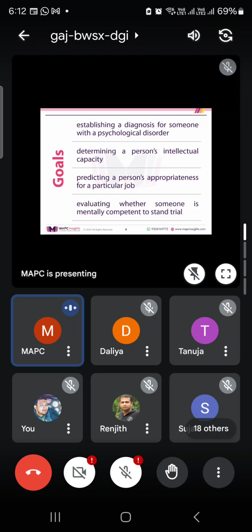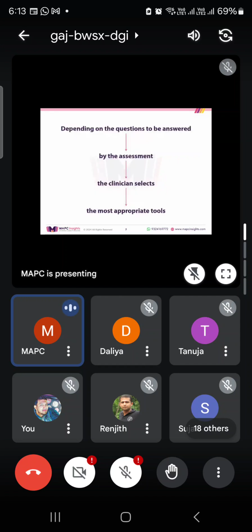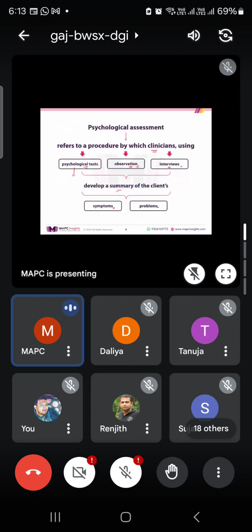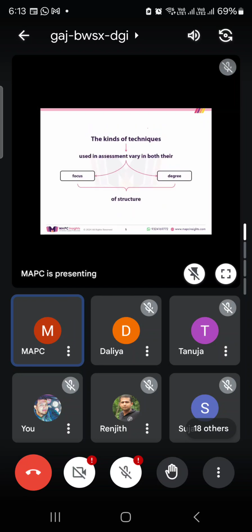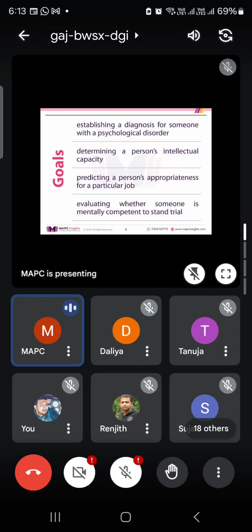The goals, establishing the goals of this psychological assessment. Establishing a diagnosis for someone with a physical disorder. A person who has a physical disorder, we need to do the diagnosis of that person.